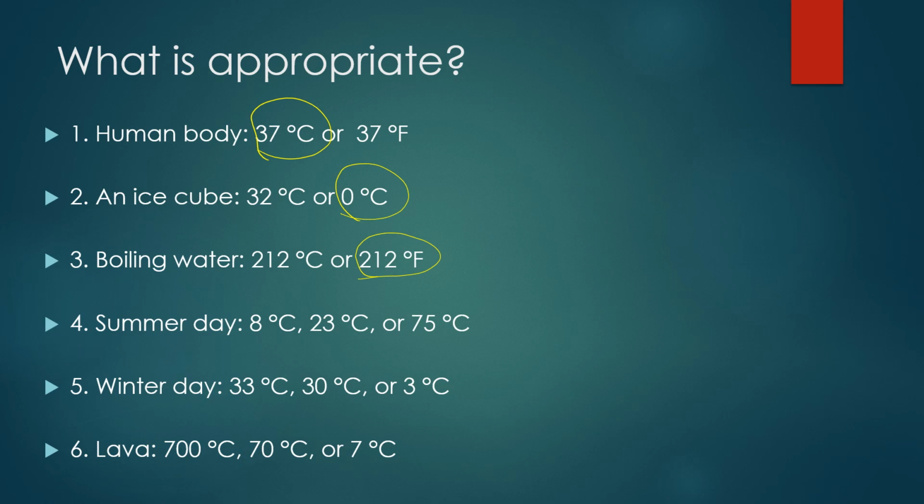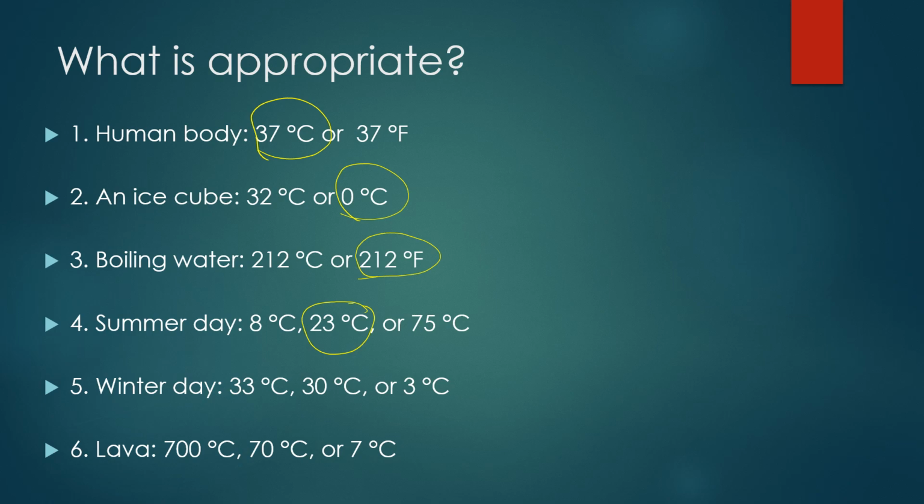In that previous slide, 28 degrees Celsius was 82.4 degrees Fahrenheit, which means we'd be close to here. 8 is too close to the value of 0, which is freezing, and 75 is too close to the boiling. So 23 degrees Celsius can be considered a pretty warm day.